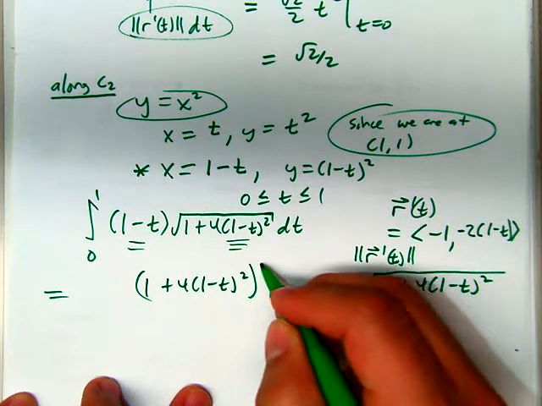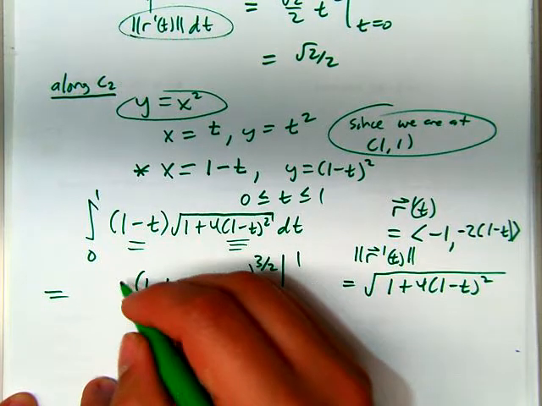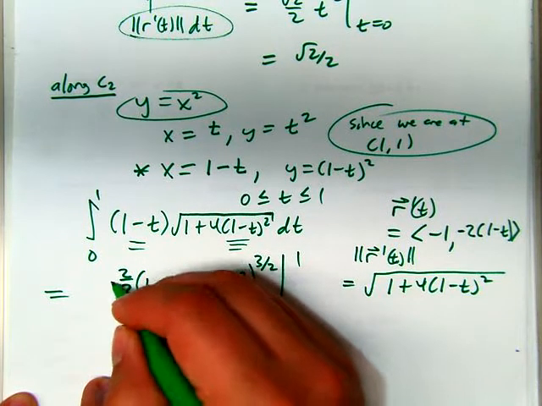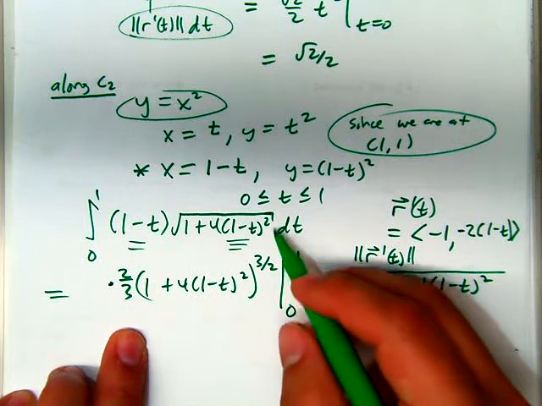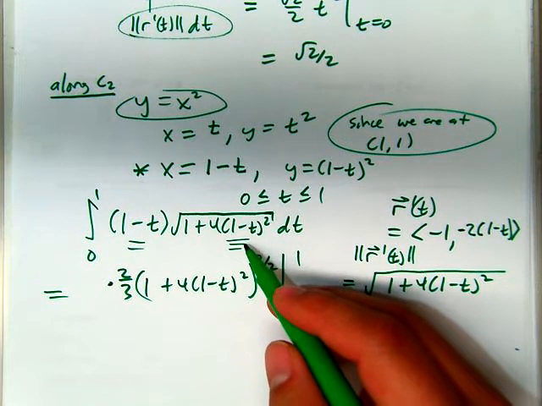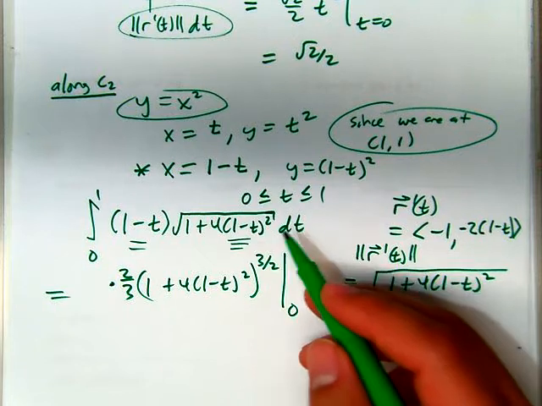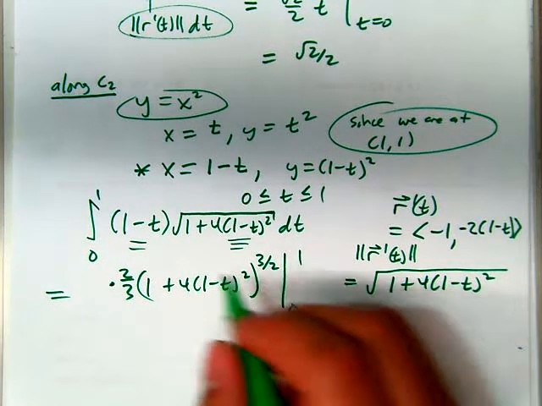Instead of to the 1/2 power, this goes up to the 3/2 power. We're going to need 2/3 out in front of that to cancel out this new exponent. And let's see, to undo the chain rule in here, we're going to need a -1/8.